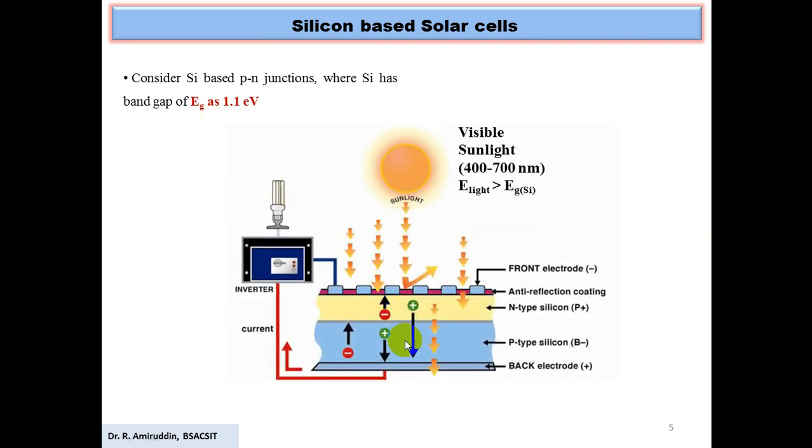A PN junction of silicon is displayed over here. We have P-type silicon and we have N-type silicon. This device will be deposited with an anti-reflection coating on top of the N-type silicon, and we have top and bottom electrodes.